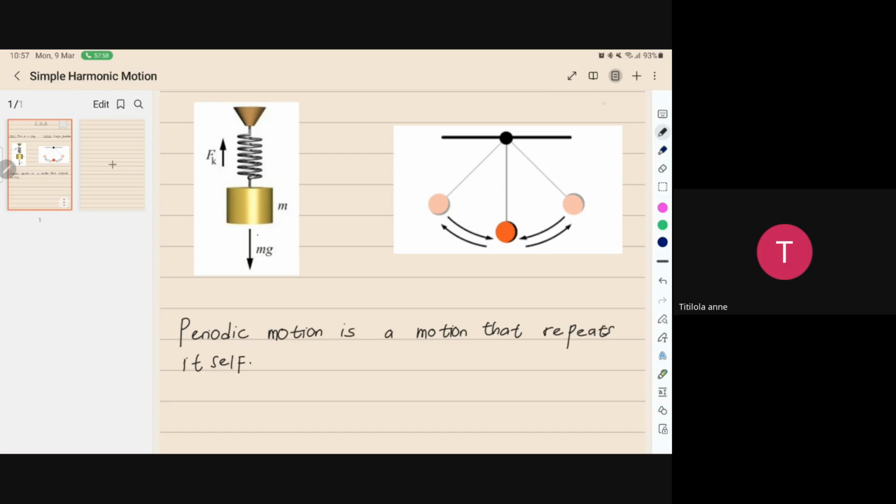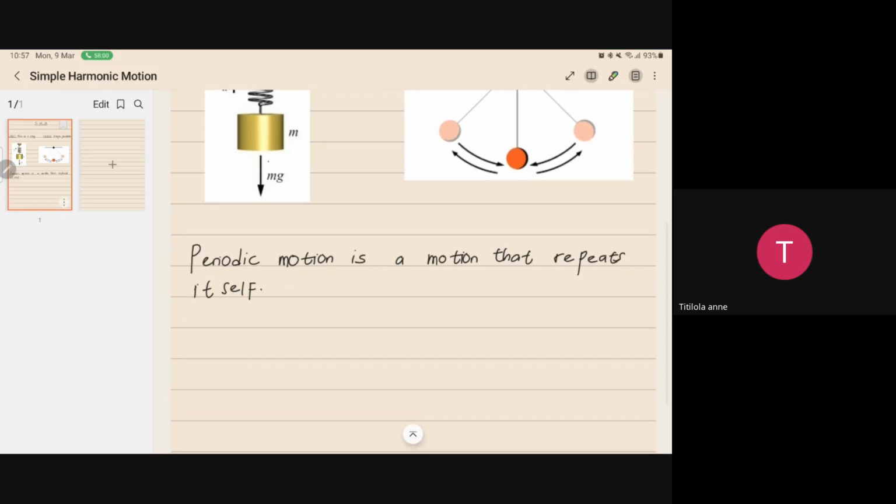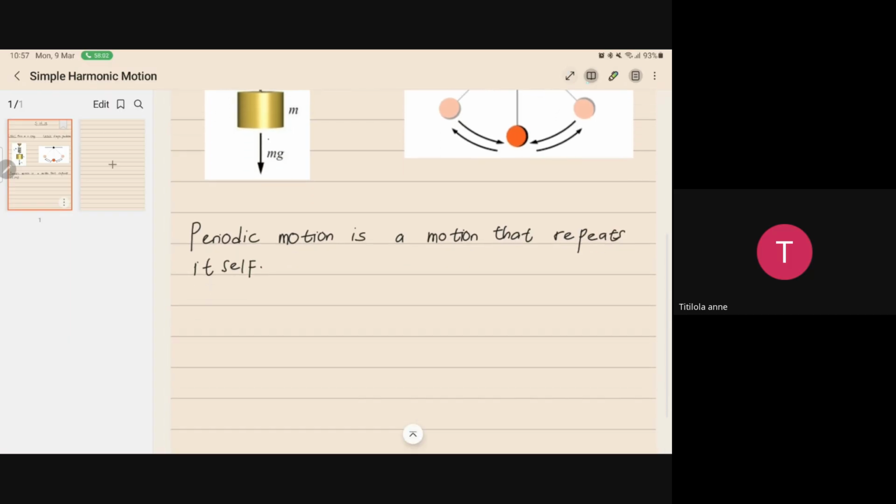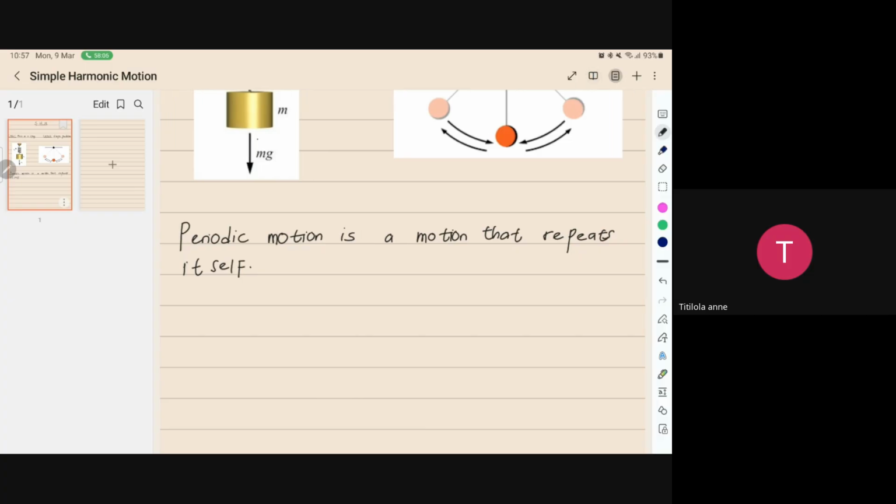Now, I said something about the acceleration of the object, that the acceleration is directed towards the equilibrium position, right? So we'll have this very concept. The next thing I want to speak about is your equilibrium position, right?